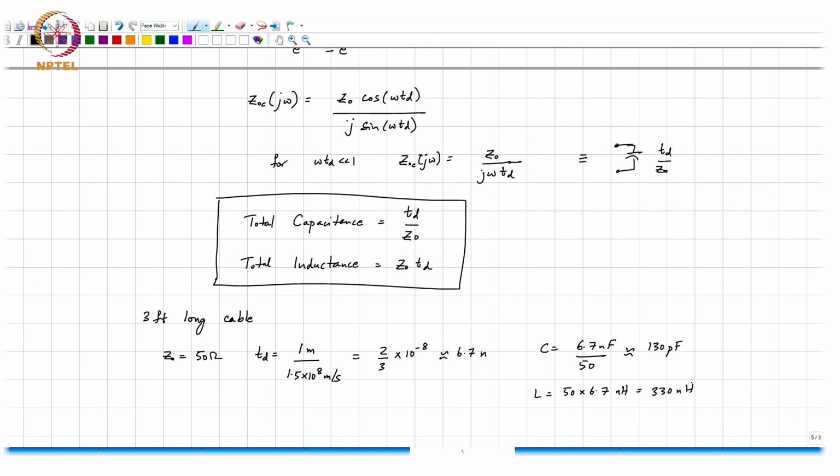Right? So, if you short the ends of the cable and look at the other two terminals, then at low frequencies it will look like an inductance of 330 nanohenries. If you open circuit the cable, it will look like a capacitance of value 130 picofarads. Does it make sense, people? Okay, right.